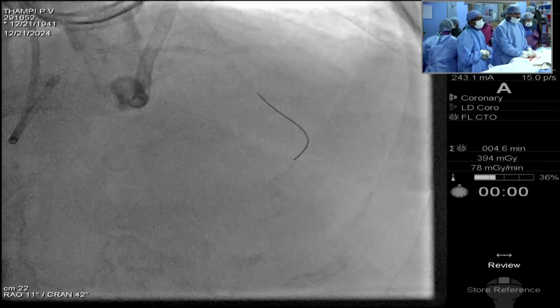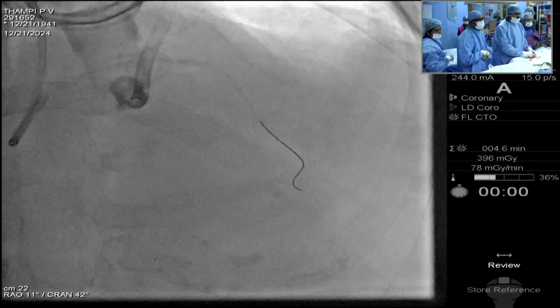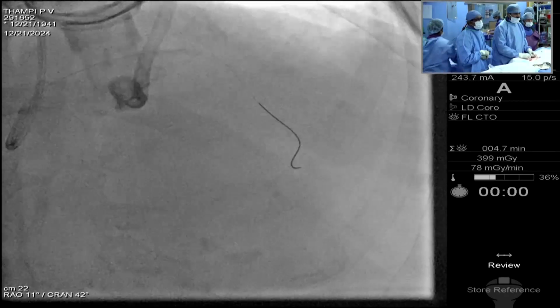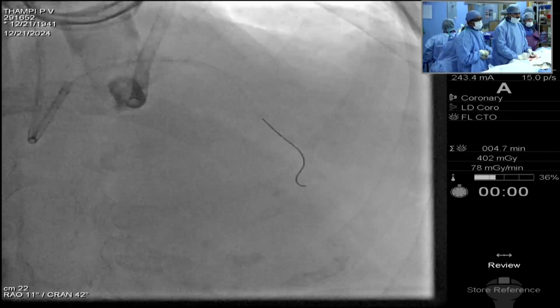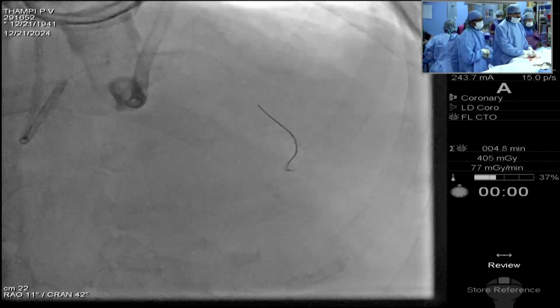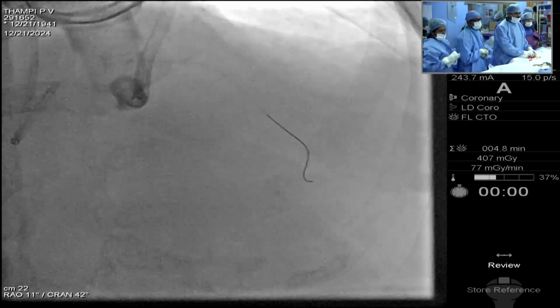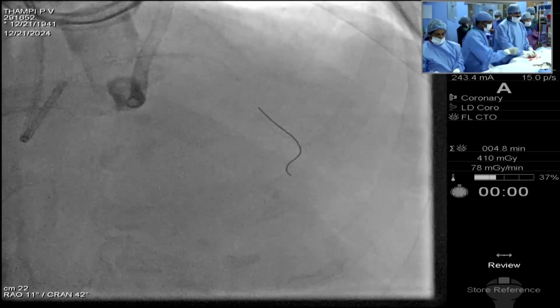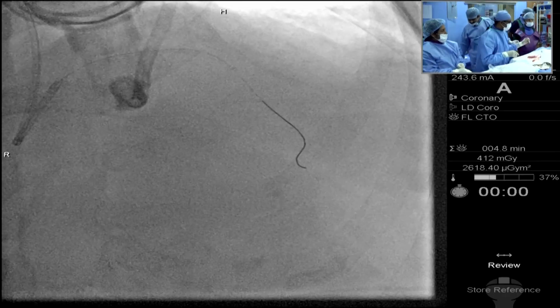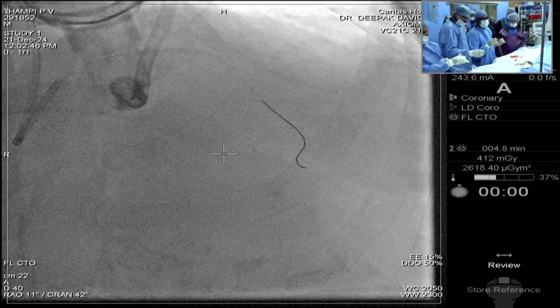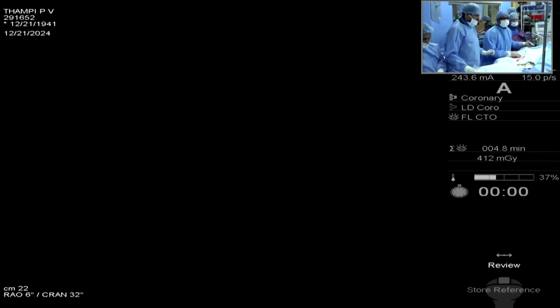Can you also tilt the head towards one side? The mask is obscuring the image. Get another run-through wire. Come to AP view, plain AP view to reposition the guide catheter.